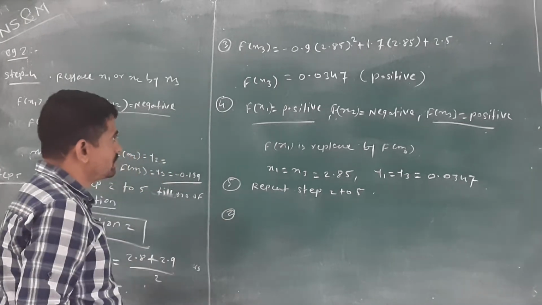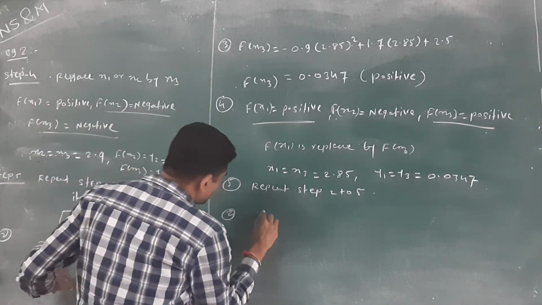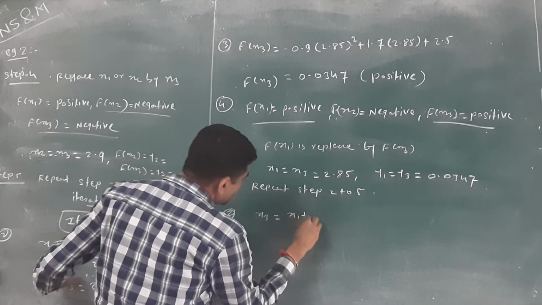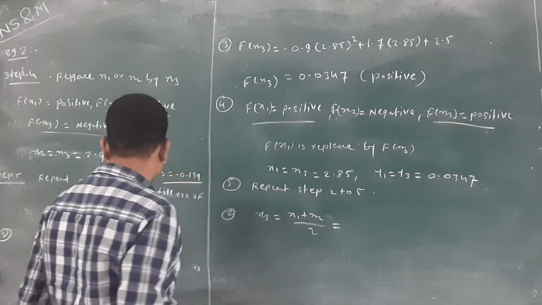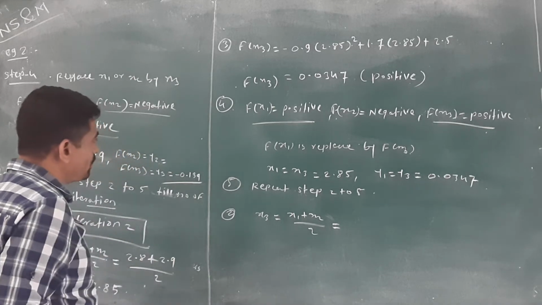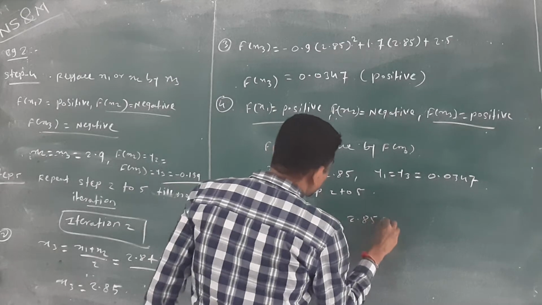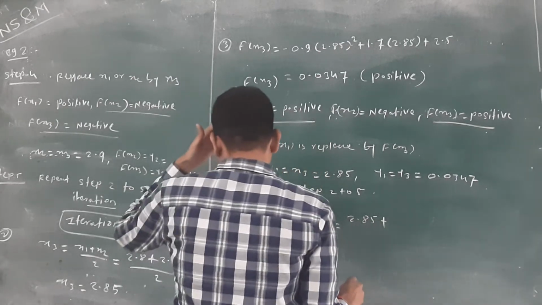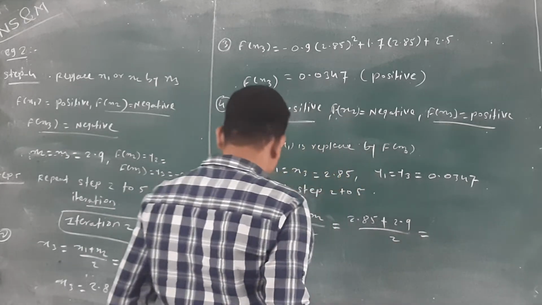Again you have to use the iteration formula: x3 is equal to x1 plus x2 divided by 2. We have replaced x1 with 2.85, and x2 as it is, 2.9, divided by 2.